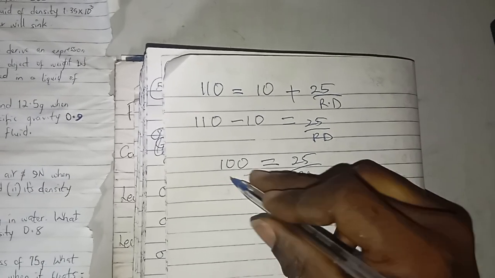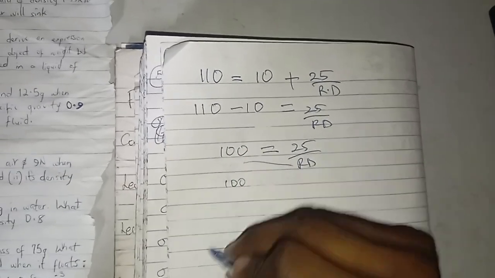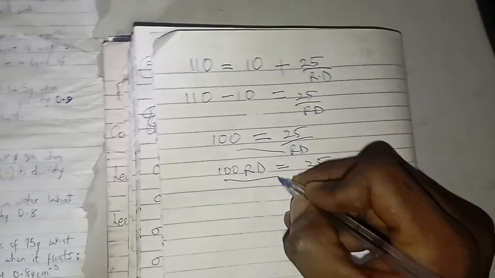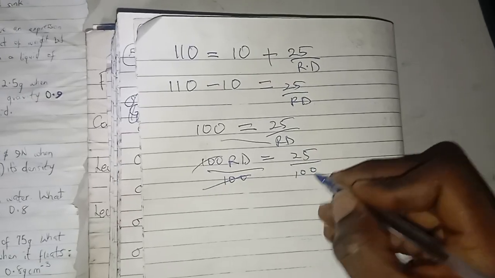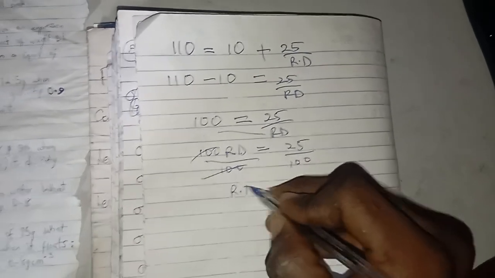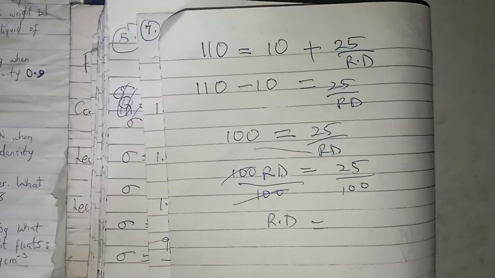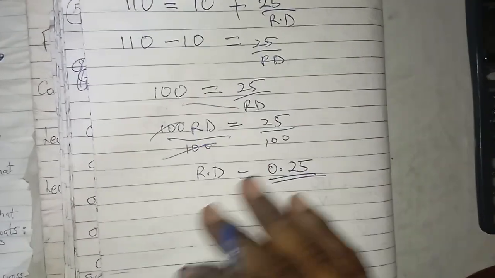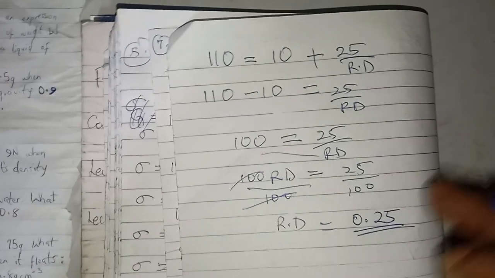This will cross multiply so that you have 100 relative density equals to 25. Divide both sides by 100, the coefficient of RD. So RD will become 25 divided by 100, 0.25. And remember, relative density does not have units. So this is your answer for that number 1.